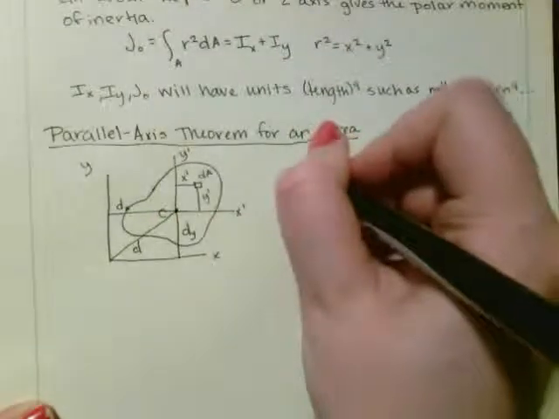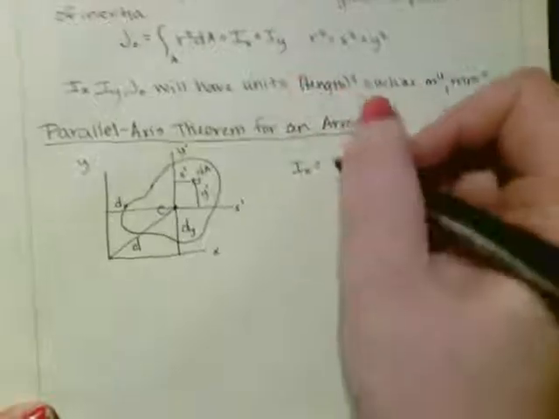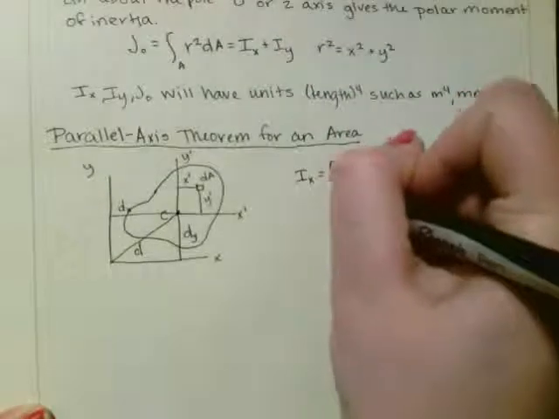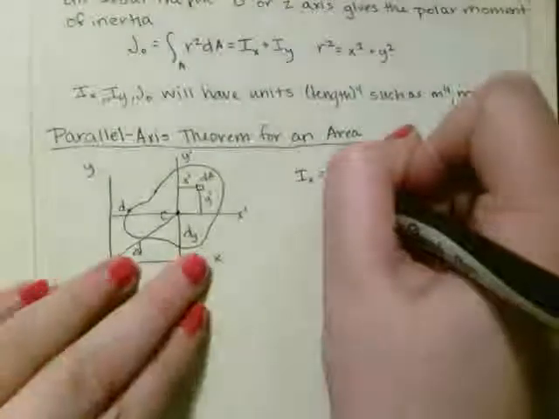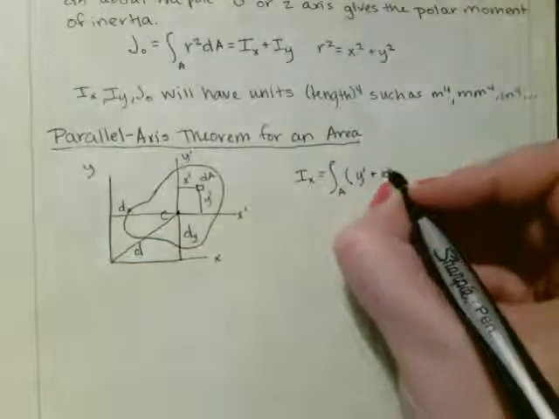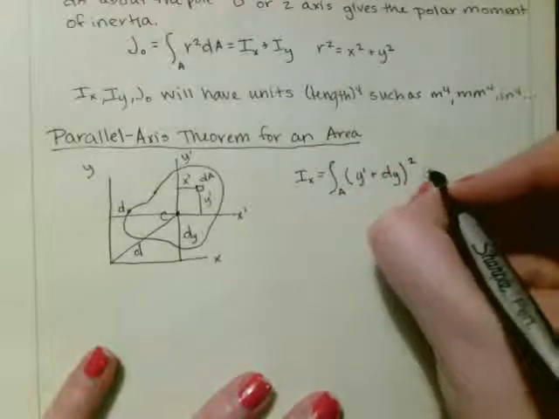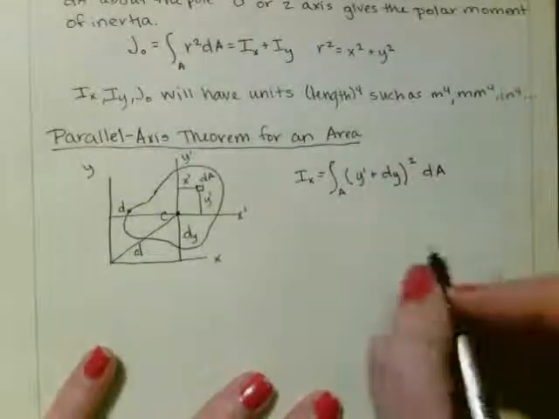So if we are looking for Ix, it's going to be equal to the integral over the area of y prime plus dy, all squared, multiplied by the differential area.